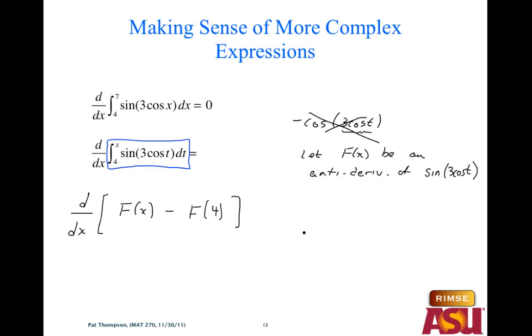Does it make sense? We don't know specifically what the rule for capital F is, but we know it's an antiderivative of this function sine of 3 cosine t. So by the fundamental theorem, we can rewrite this expression as d dx of F of x minus F of 4. Well, how do we take the derivative of a difference?